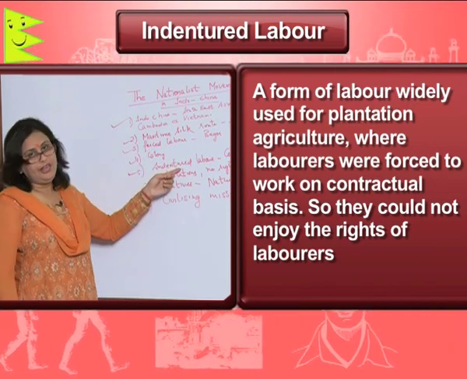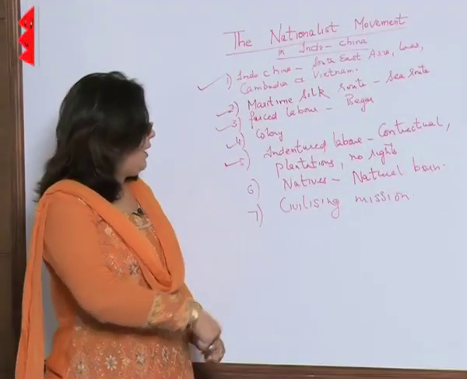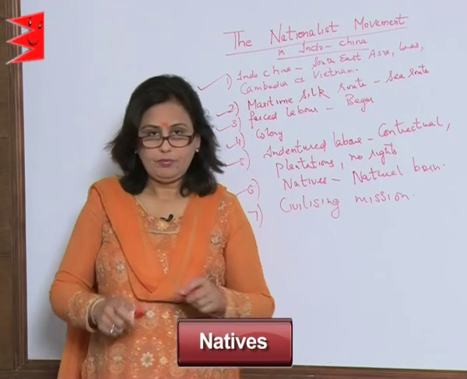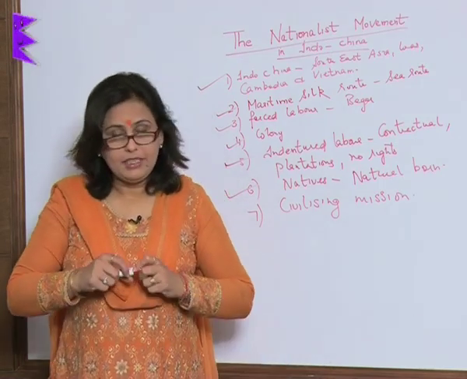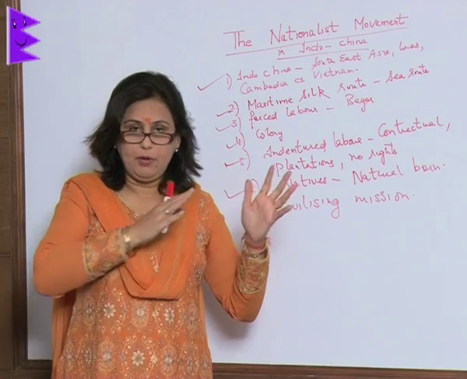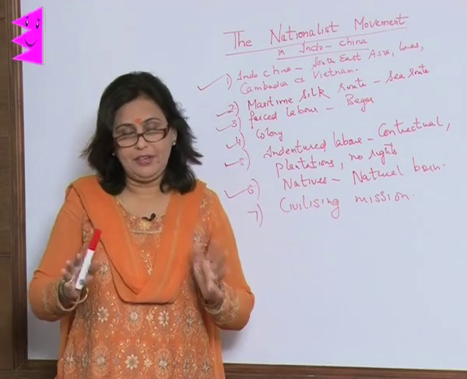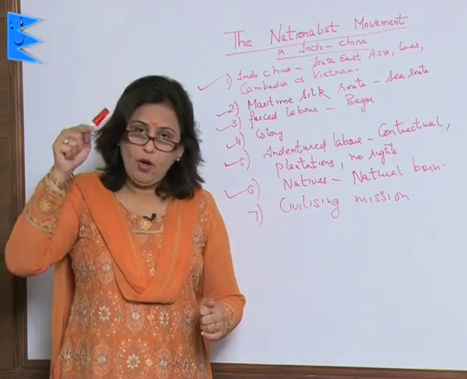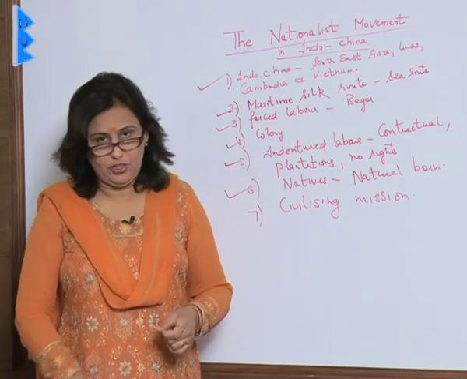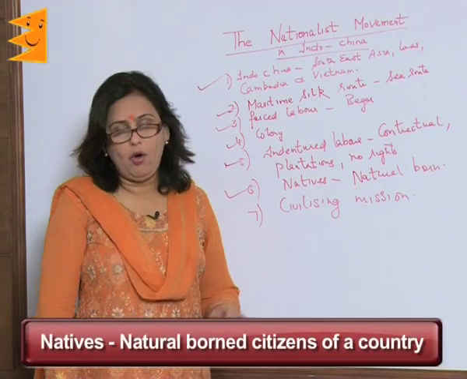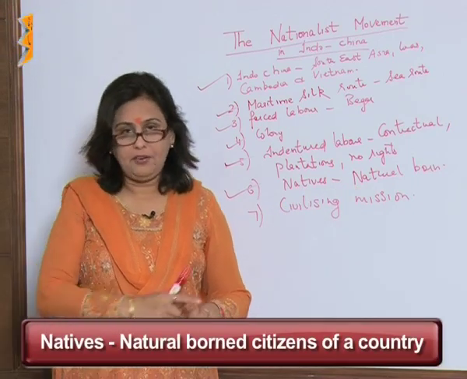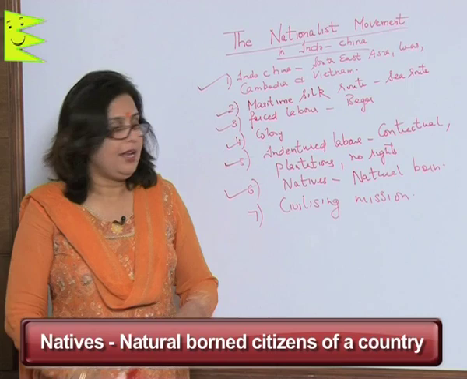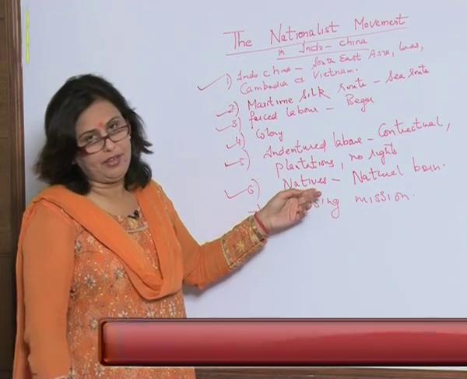That was indentured labor. Next is natives. Natives was a term used by the people who made colonies in various parts of the world for those people who belonged to that particular nation. So, the natural born citizens of a country are in fact the natives of that country.